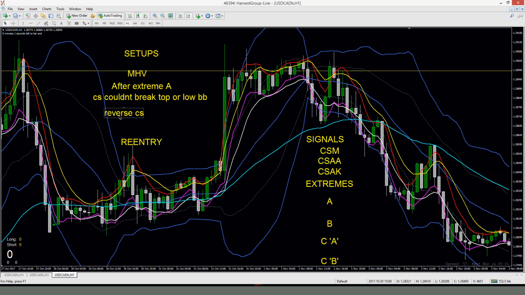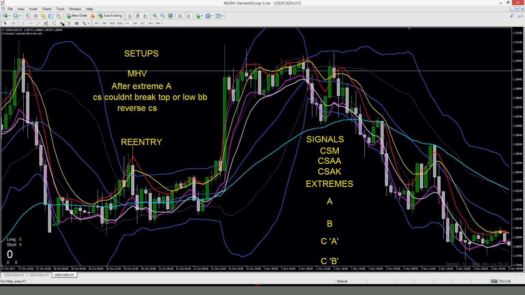Obviously you have this candle over here that couldn't manage to break top BB. This is the highest body at this particular point, and then you have a reverse candle. For this MHB to finish up, you need to have a retest, MHB retest.